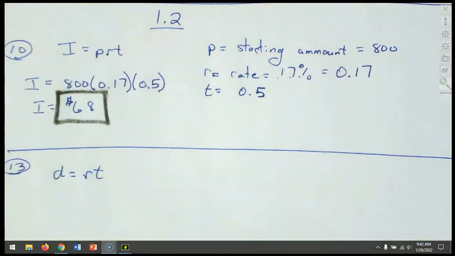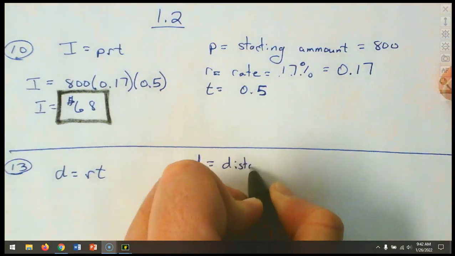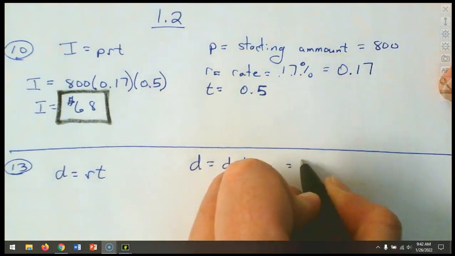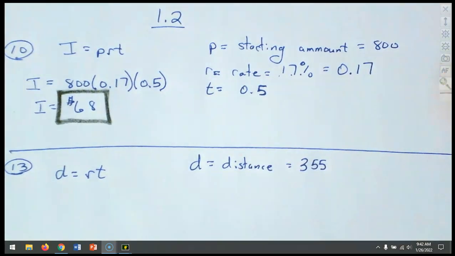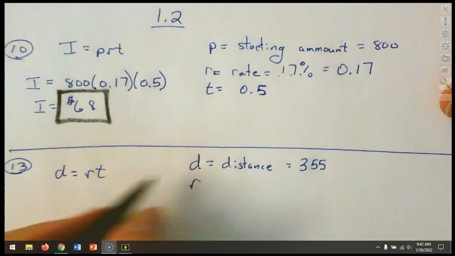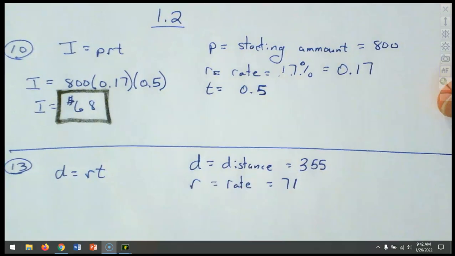And so let's see what we know. Jay drove 355 kilometers. So that means my D, which is the distance, is 355. The rate of speed. Do we know the rate of speed? Yes, so average rate of speed is 71, right? So R is our rate of speed, and that's 71 kilometers per hour.